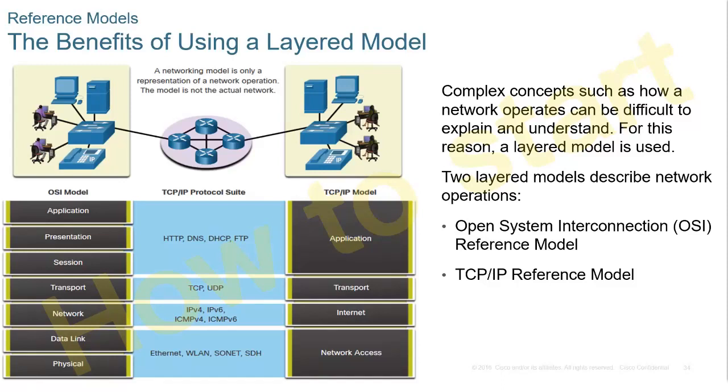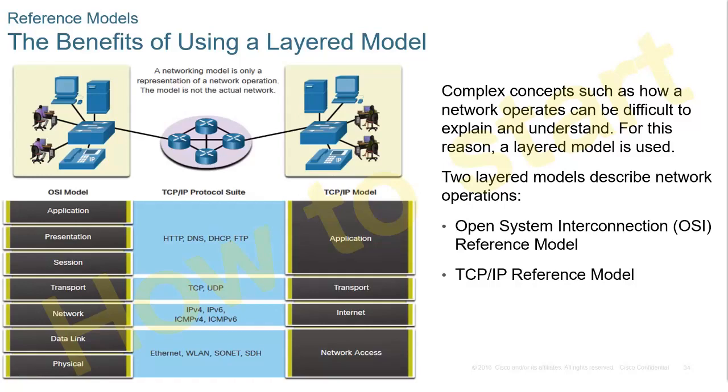If we are talking IP or ICMP, it will be the OSI network or the TCP internet layer. If we're talking Ethernet, we know it is either data link and physical or the network access, depending on whether it's OSI or TCP. But everything we go back to will reference this model.